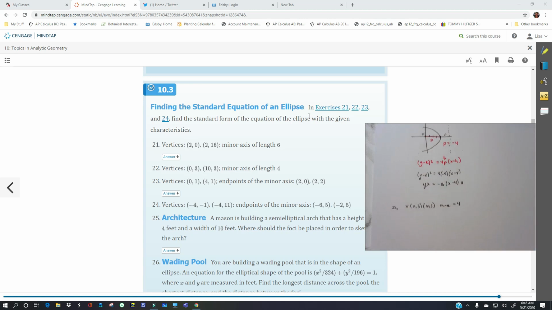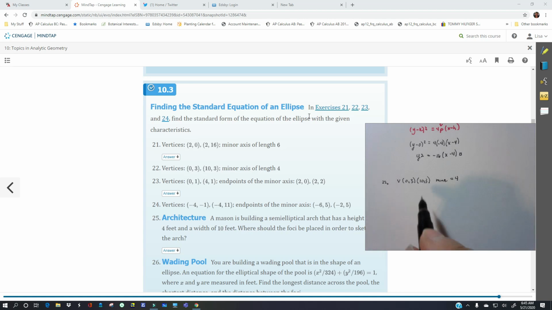Now remember, the ellipse is probably the most involved of the 3 conics. You have to remember that the major axis contains the vertices and the minor axis contains the co-vertices. And we have to determine which axis we're dealing with.